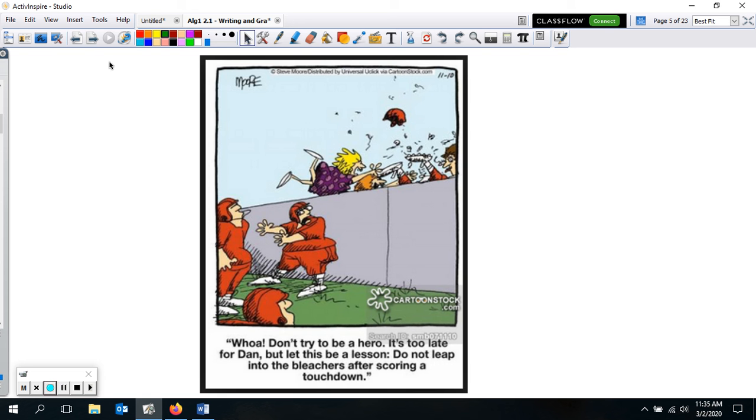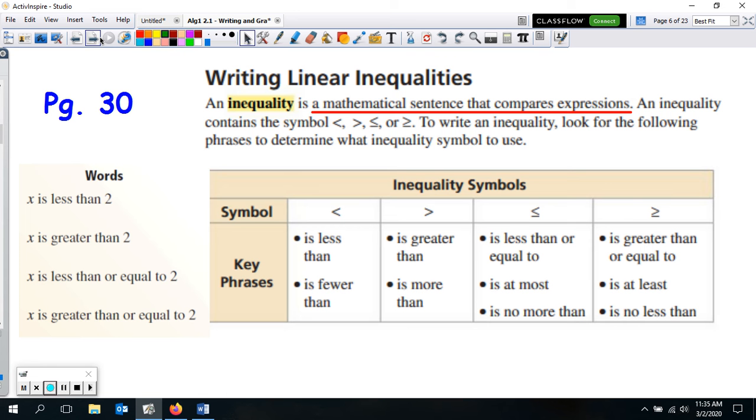All right. Let's move into our vocabulary, and we'll see our vocabulary start on page 30 in our notes. First vocabulary is just what is an inequality. We should know what an equality is. Equality would be when it's equal, but an inequality is when it is not equal.